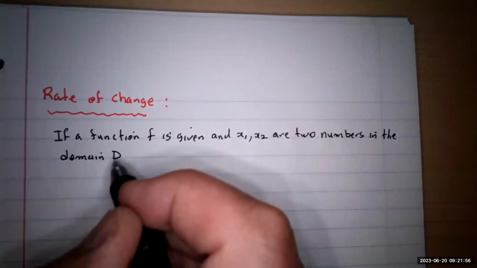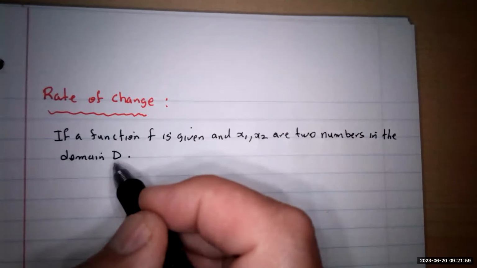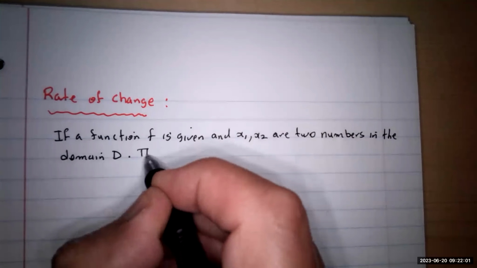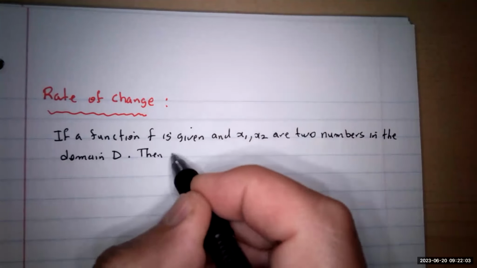Then we are going to define the so-called change in x, change in y, or rise run.